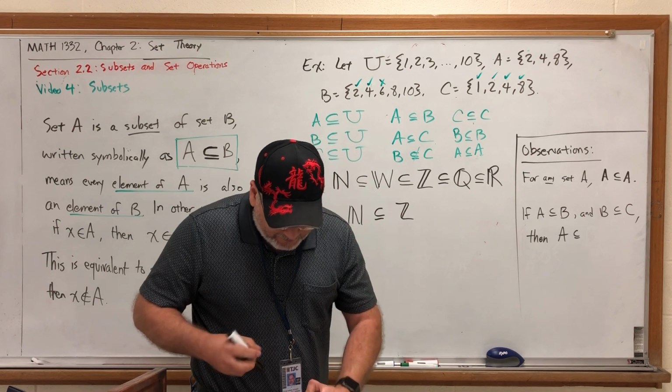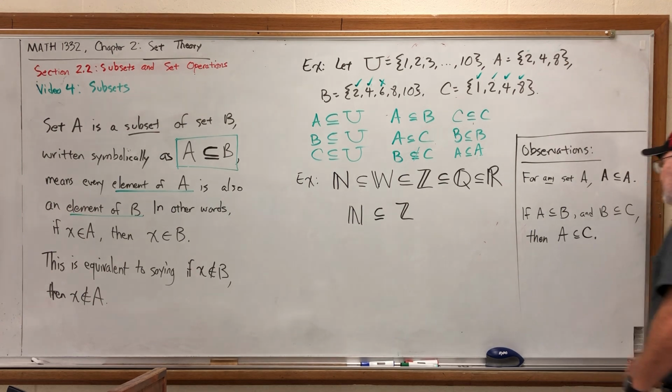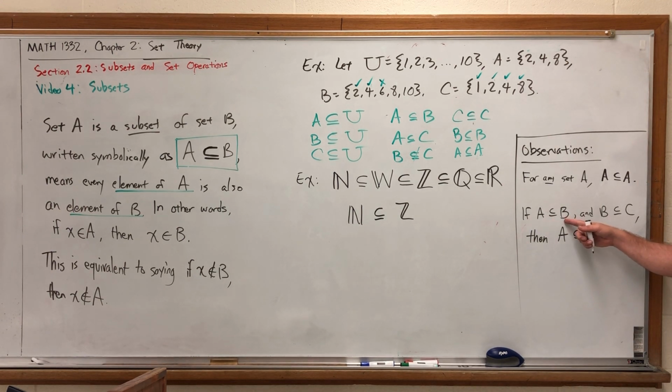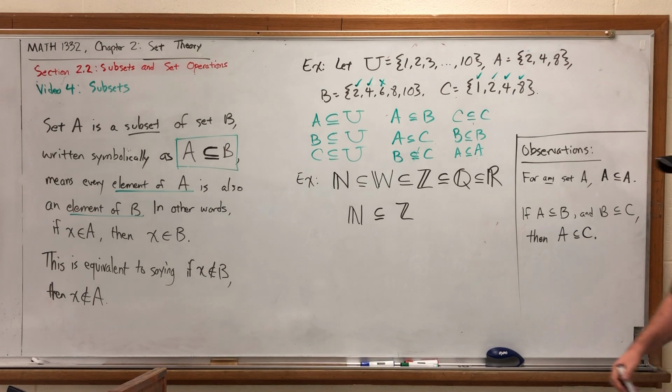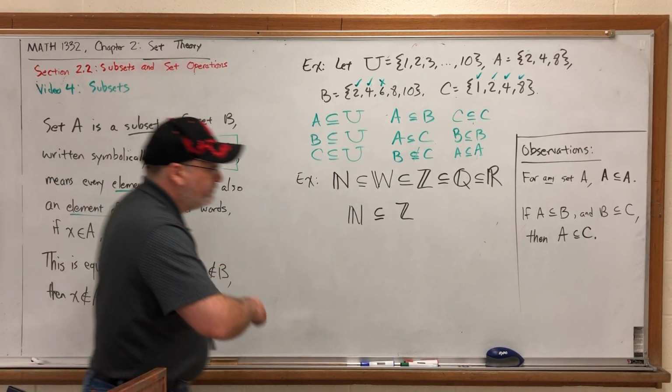So if you wrote that down, and I hope you're writing this down, that should have said A is a subset of C. If one set is inside of the larger one, and the larger one is inside of yet another larger set, then the smallest set is inside of the largest set. I thought there was one more. Oh, yeah.